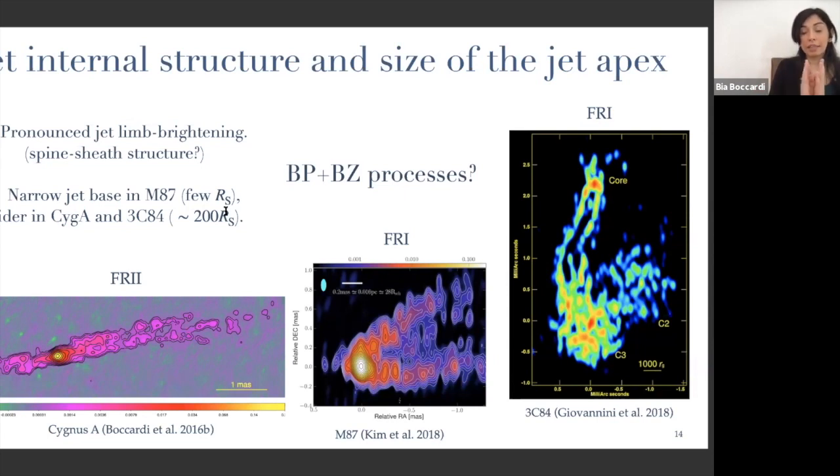We have a jet apex which is only a few Schwarzschild radii wide, while in Cygnus A and in 3C84, we observe something different. We observe a wider jet base of the order of 200 Schwarzschild radii in both cases, which may point towards a more prominent component driven by the disk. I will expand more on this later.